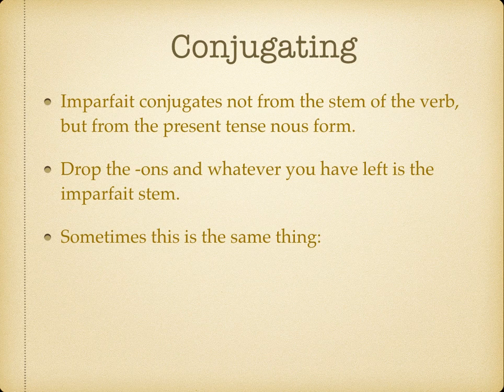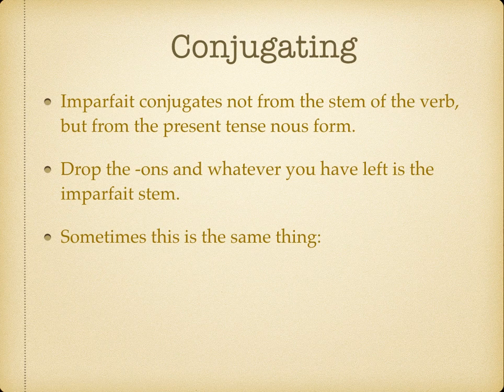The imparfait conjugates not from the infinitive stem of the verb, but from the present tense nous form. Now you understand why Madame Brown and I have been harassing you so much to memorize your present tense. In order to find our stem from the present tense nous form, we're going to drop the O and S, and whatever you have left becomes the imparfait stem.